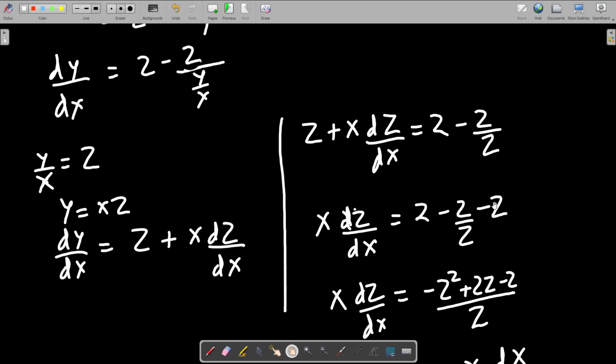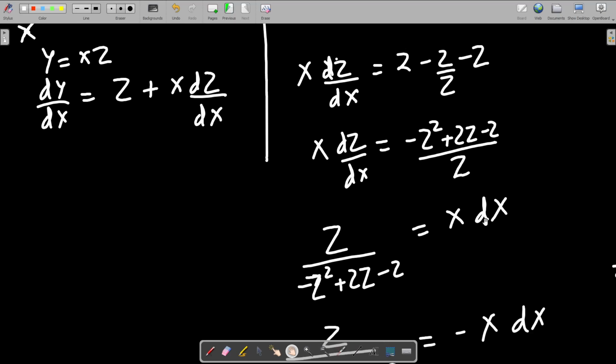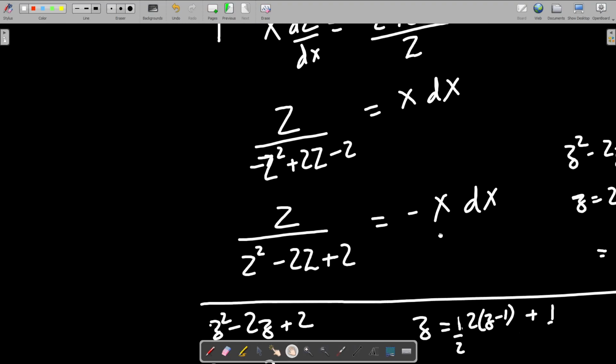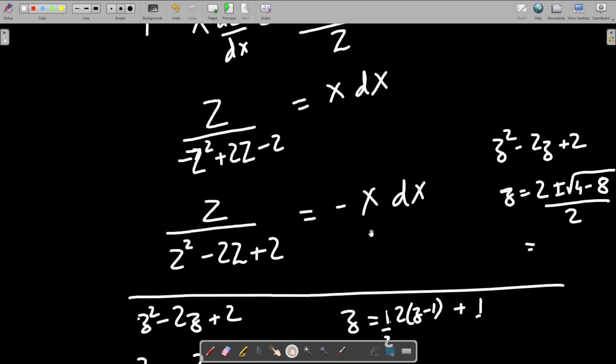This I made minus z square. This will become plus 2z, and this is minus 2 as it is. Then I actually later on adjusted the signs. This x was supposed to go down anyways, but that will not affect us in any case with our solution.